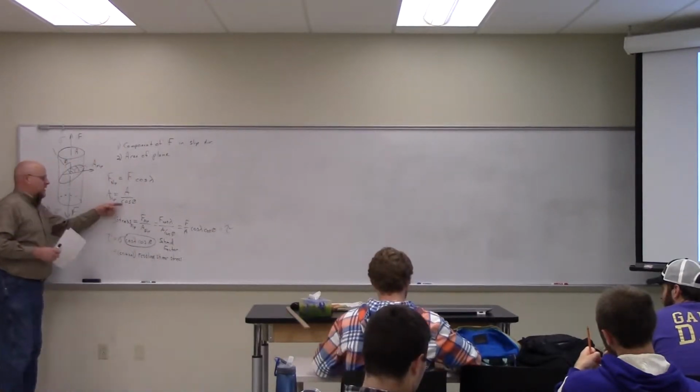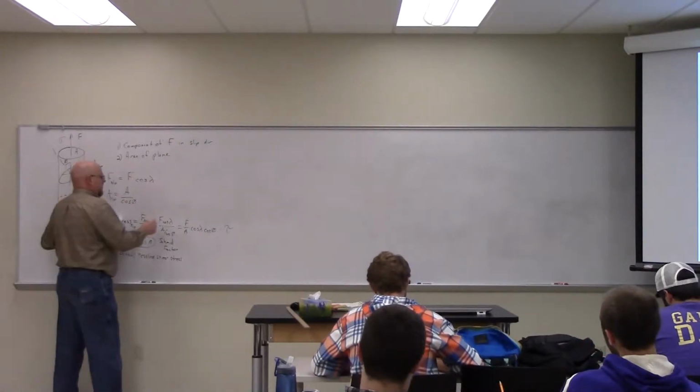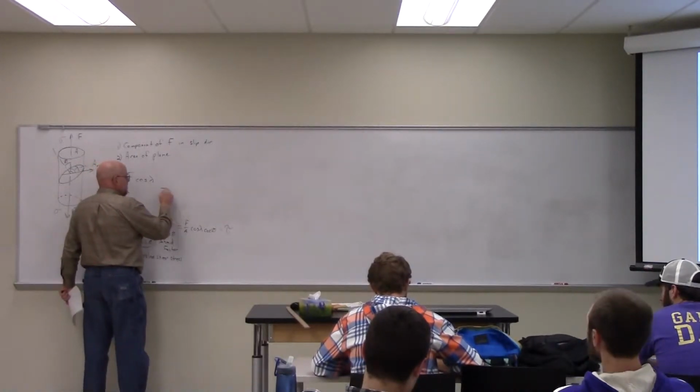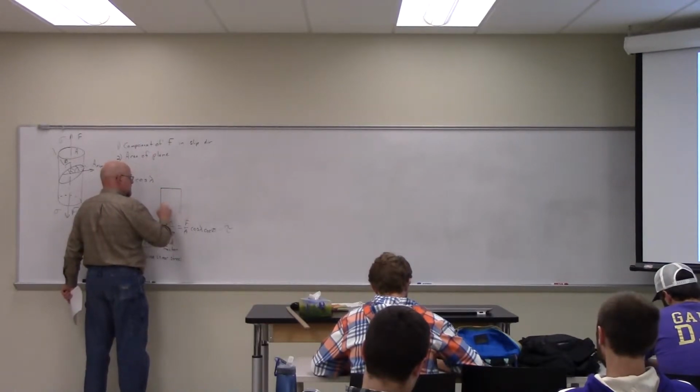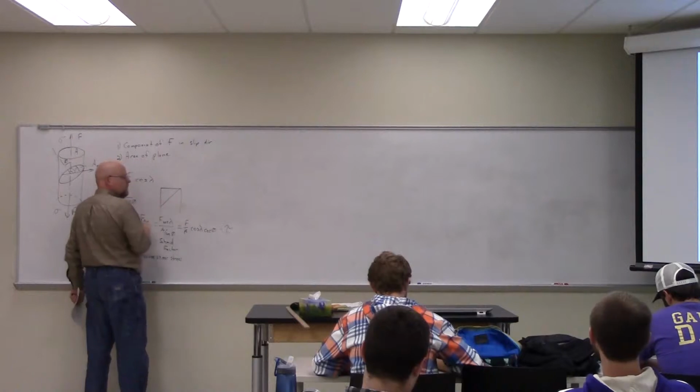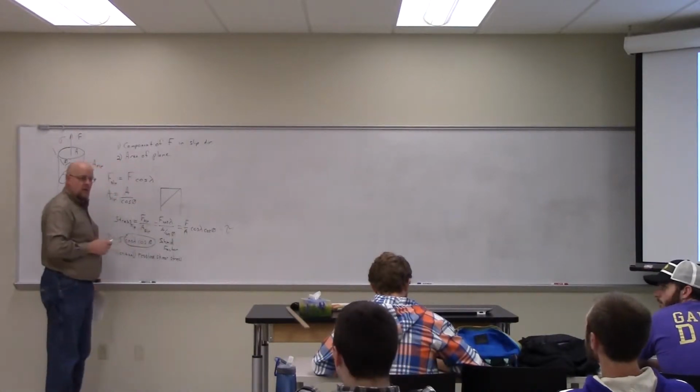Do you understand why this is A over cosine theta? So if I drew this from the side, here's my cross-sectional area, right? Here's my cylinder. Here's the plane on which I'm pulling. Everybody see that?